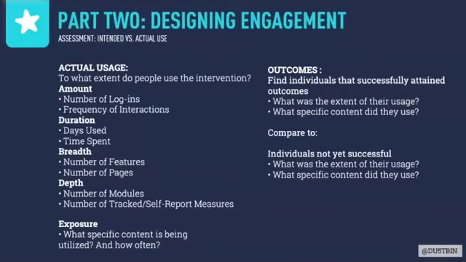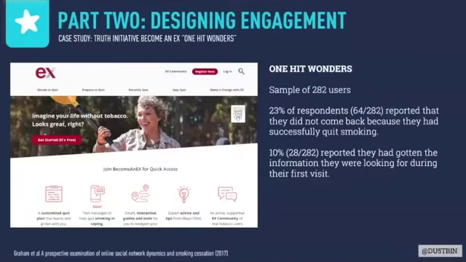So for those who were successful, how much did they engage, to what extent did they engage, and what specific things did they engage with? And we can also compare that to folks that are not yet successful and look at those same kinds of patterns, right? And when we do this, we can see a lot of surprising things.